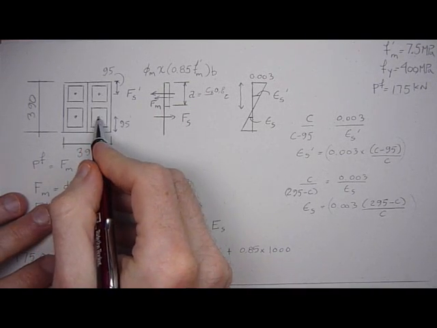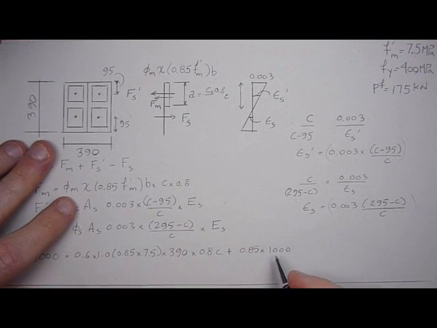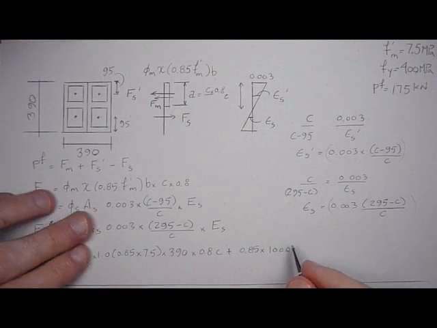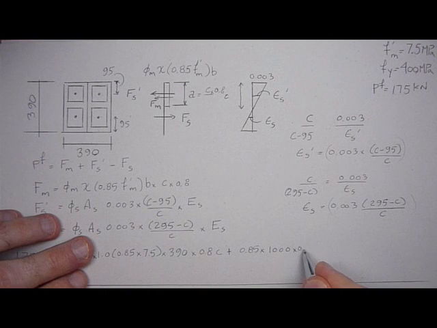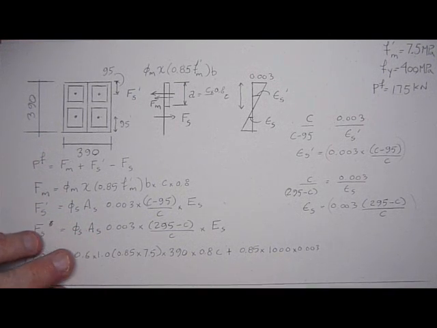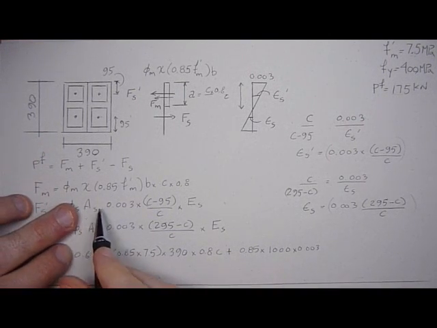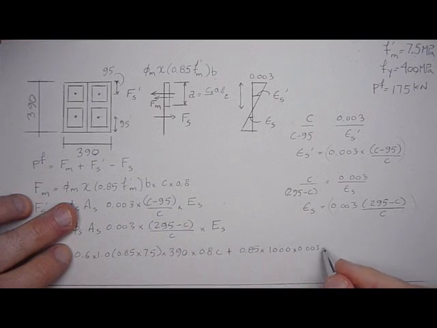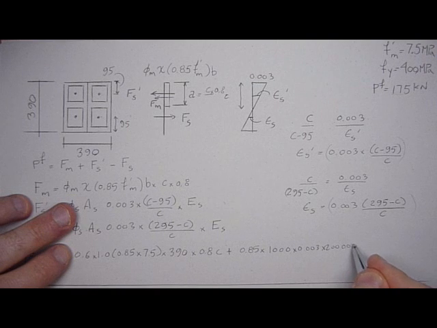Each one of these is 500 millimeters squared, so 2 is 1,000. Times 0.003. So that's the phi of the steel, the area of steel, and then the E of the steel is 200,000. Times C.